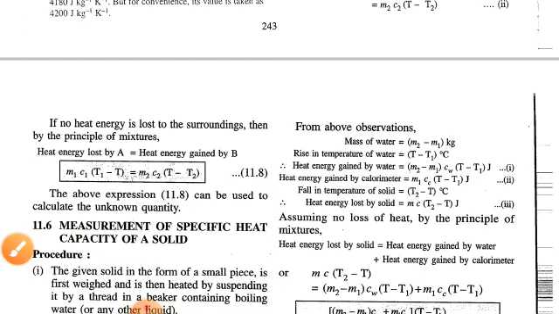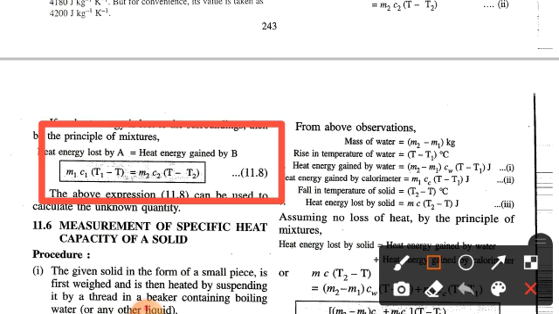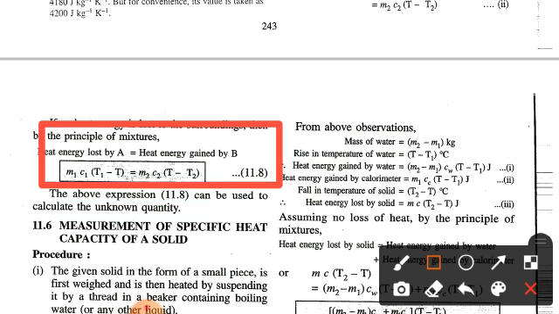So if no heat energy is lost to the surroundings, then by the principle of mixtures, you can write M1 C1 (T1 minus T) equals M2 C2 (T minus T2). Clear? This is by the principle of calorimetry. The above expression, 11.8, can be used to calculate the unknown quantity. Means if you don't know the specific heat capacity or the change in temperature, by this formula you can calculate it easily.